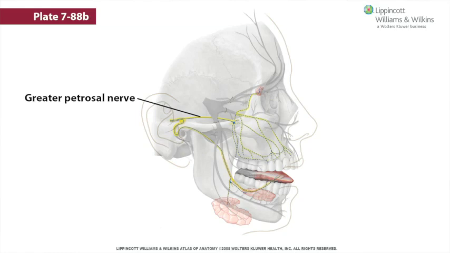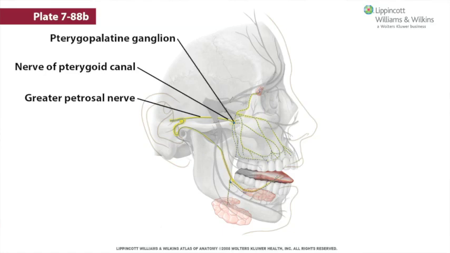The greater petrosal and deep petrosal nerves then enter the pterygoid canal as the nerve of the pterygoid canal. The pterygoid canal opens anteriorly into the pterygopalatine fossa, where the nerve of the pterygoid canal enters the pterygopalatine ganglion.